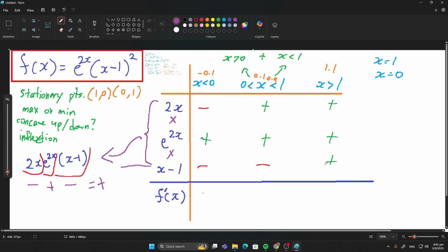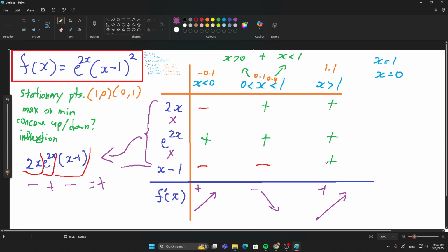So this is positive, which means it is going up. This has one negative, so anything times negative will give you a negative. So this is going down. This is overall positive, pretty straightforward. So there you have it.